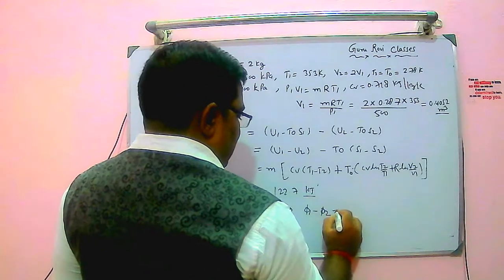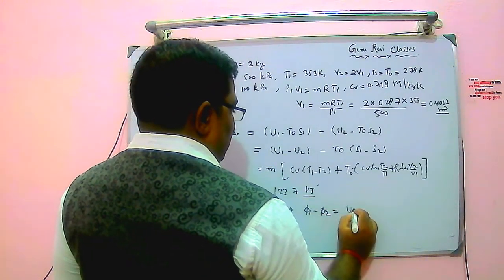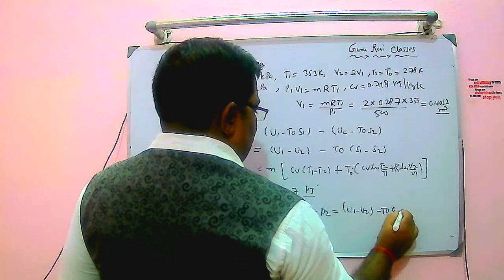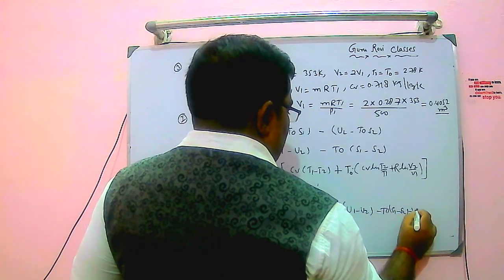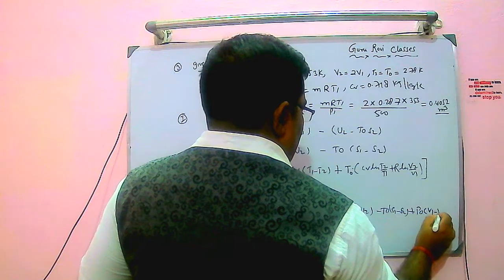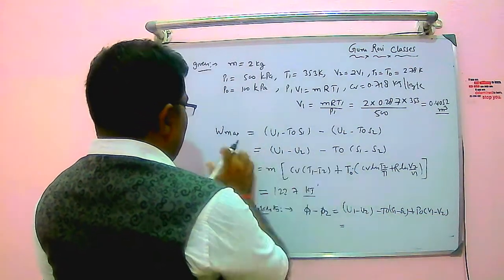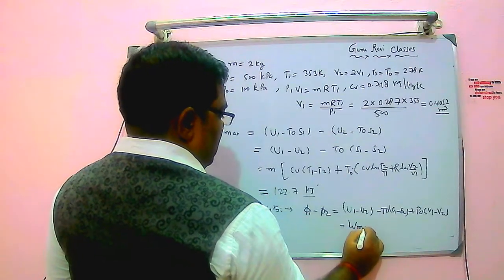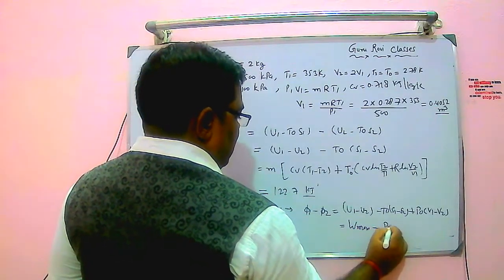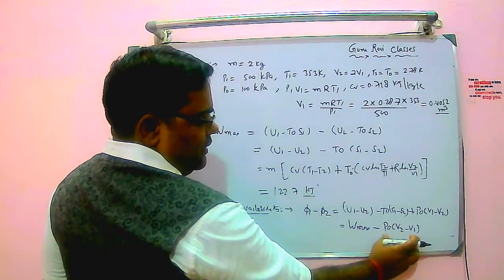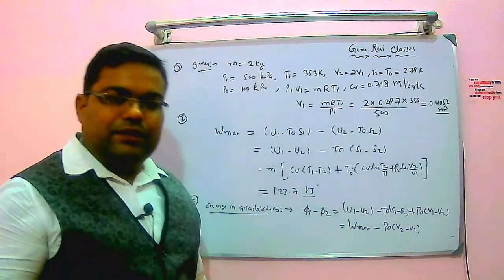So if you expand that, you will get that as U1 minus U2 minus T naught S1 minus S2 plus P naught V1 minus V2, or you can say this term already you calculated, that is W max, minus P naught V2 minus V1. So this is the work that you have done in displacing the boundary.